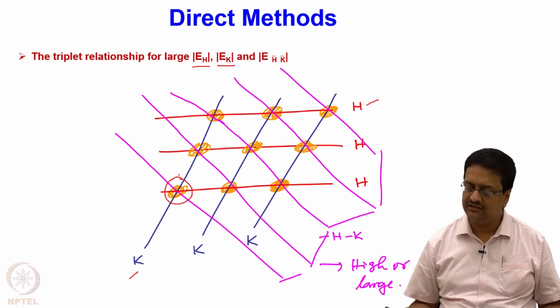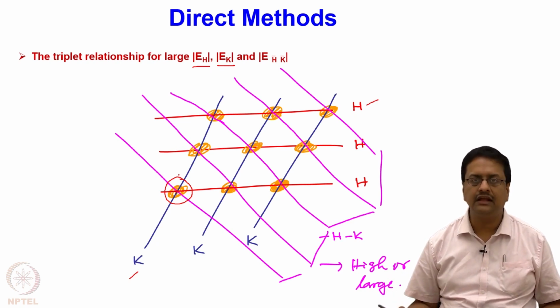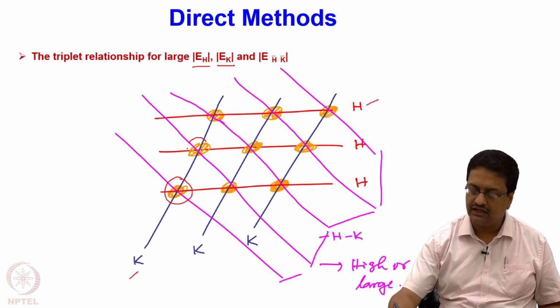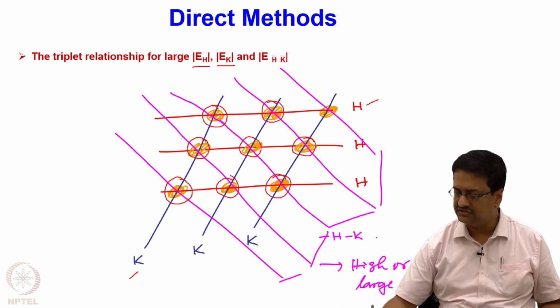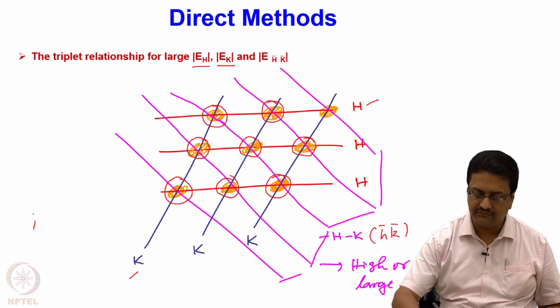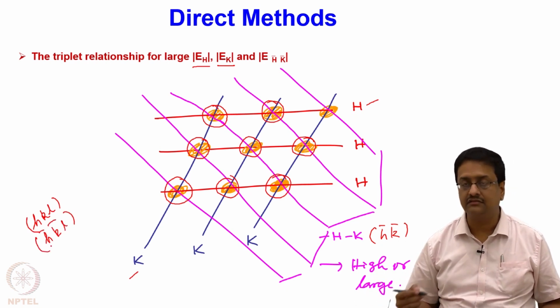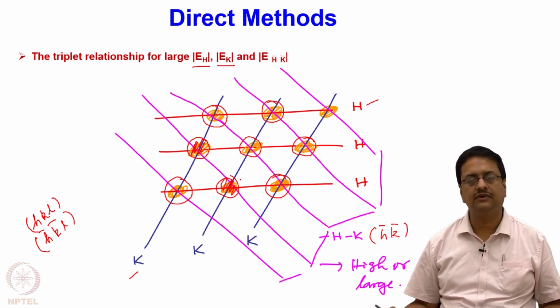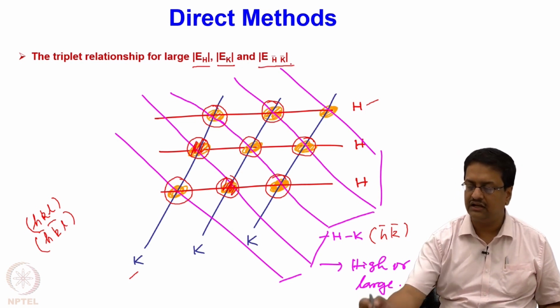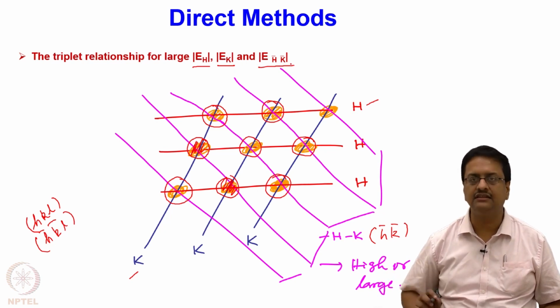Then the plane which joins those large electron density points is nothing but h bar k bar in 2 dimensions, or in case of HKL it could be h bar k bar l bar, the plane which then contains the larger electron density region. So from this relationship one could conclude that h bar k bar will also have large intensity.